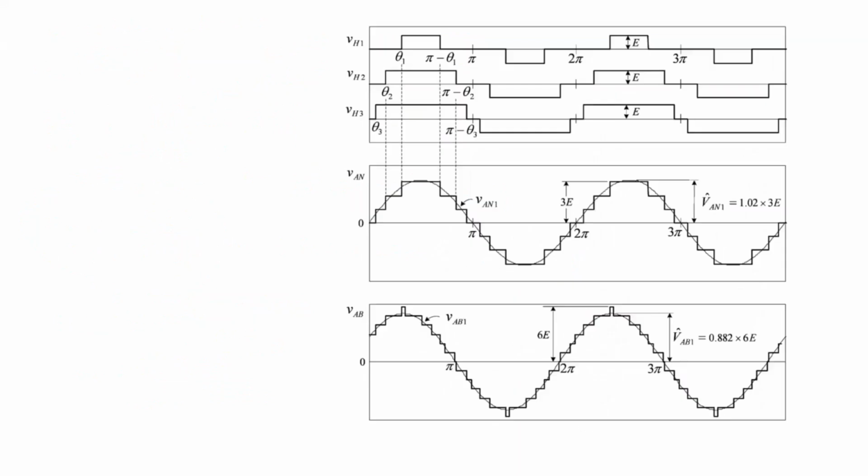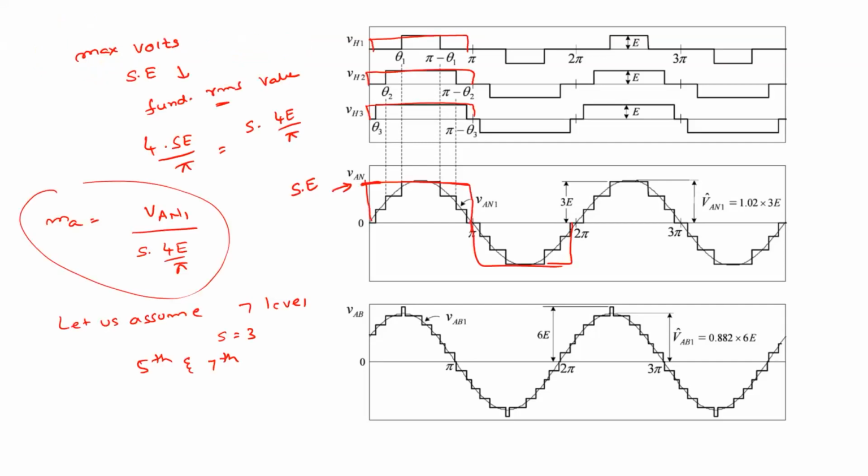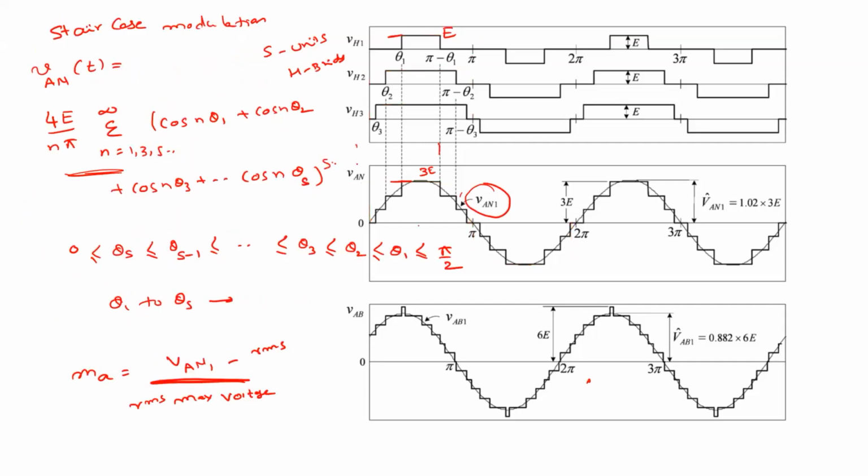We have 4E by pi, cos theta 1 plus cos theta 2 plus cos theta 3, substituting n equal to 1. What is this value supposed to be, with sin n omega t?